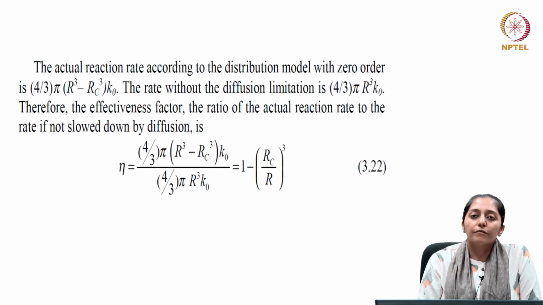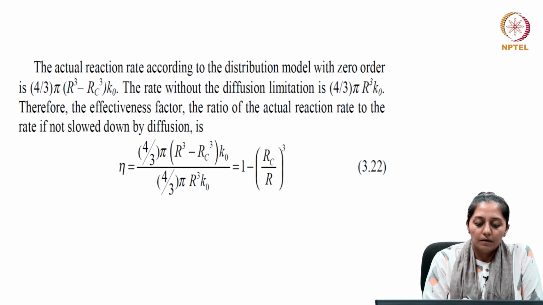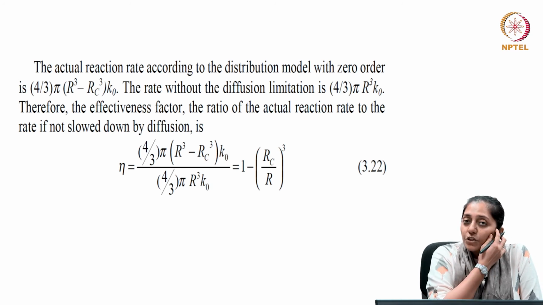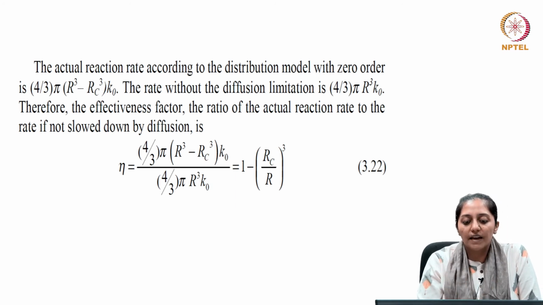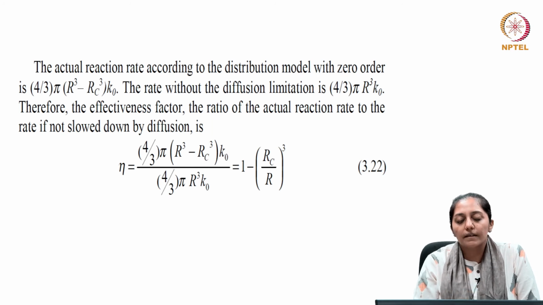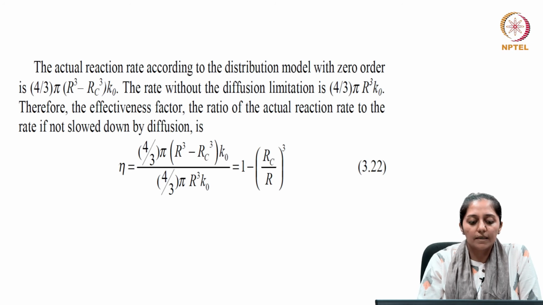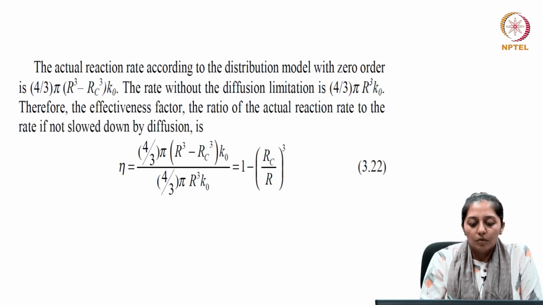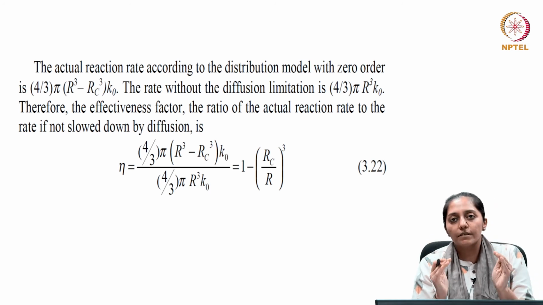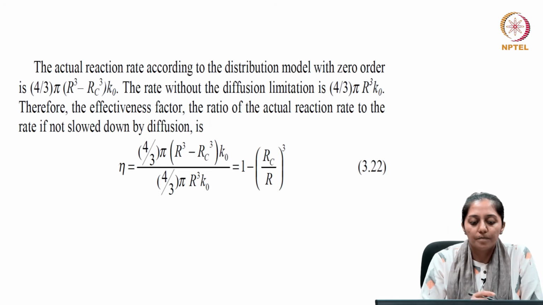Now, if we want to find an expression for the efficiency factor for such a system, we can find out the actual reaction rate. So, what is the actual reaction rate? The actual rate here according to the distribution model with zero order kinetics would be nothing but 4 by 3 pi (R cube minus Rc cube) multiplied by K naught, which is the effective volume of the pellet, because beyond Rc there is no substrate getting inside.